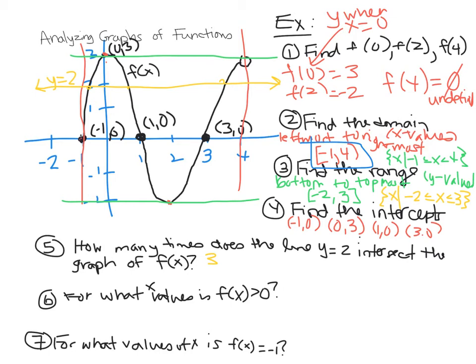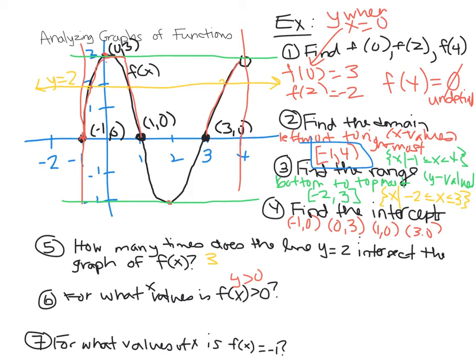So you'll notice that our starting value for when our f of x or our y is greater than 0 is at -1. We go all the way from -1 to +1. All of that, the y values are greater than 0. It also happens from 3 to 4. You'll notice I drew it on the graph in red.